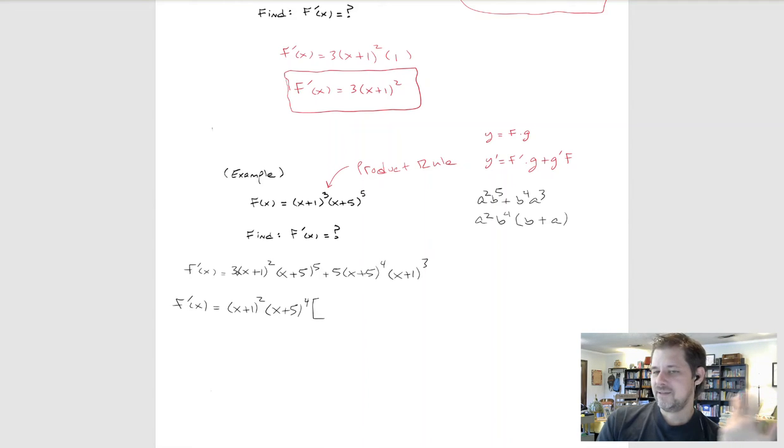Now, the 3 is not common to each term, and the 5 is not either, so I have to leave those. But from this first term, 3 times x plus 1 squared times x plus 5 to the fifth power, if I take out 2x plus 1s and 4x plus 5s, I'll leave behind a 3 and an x plus 5 to the first power.